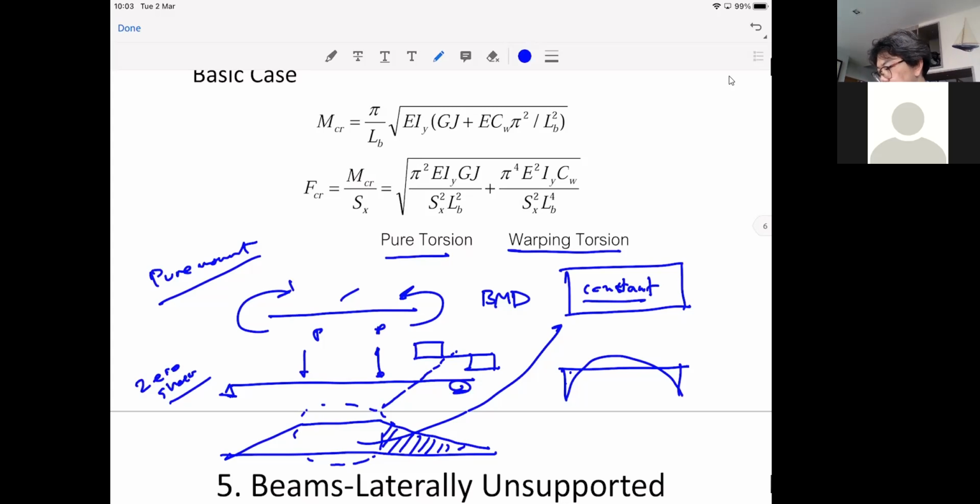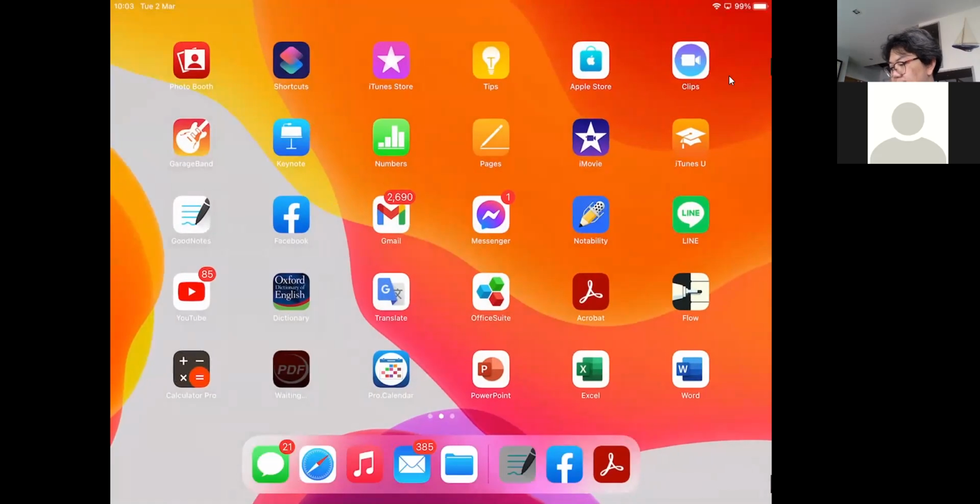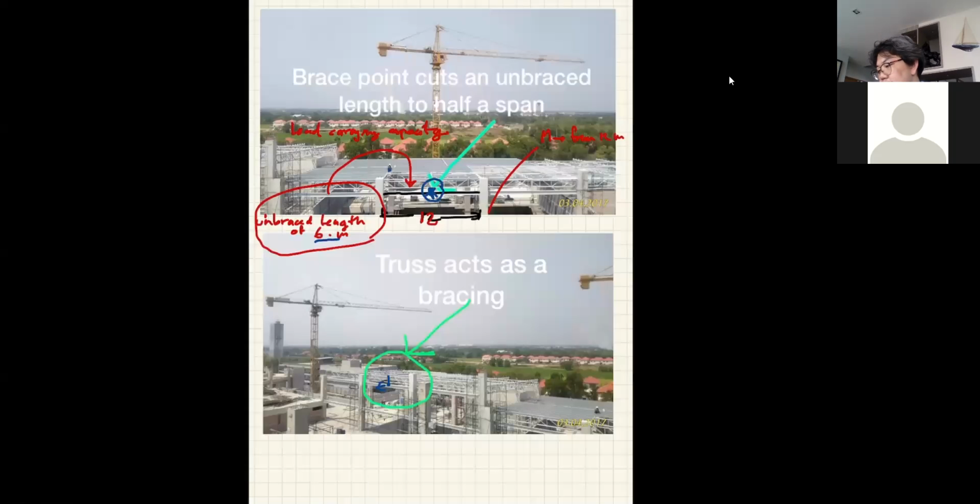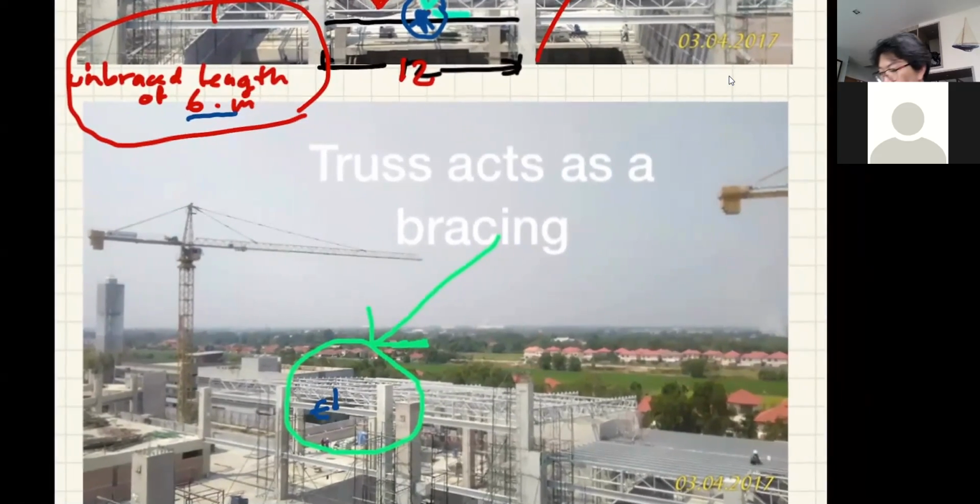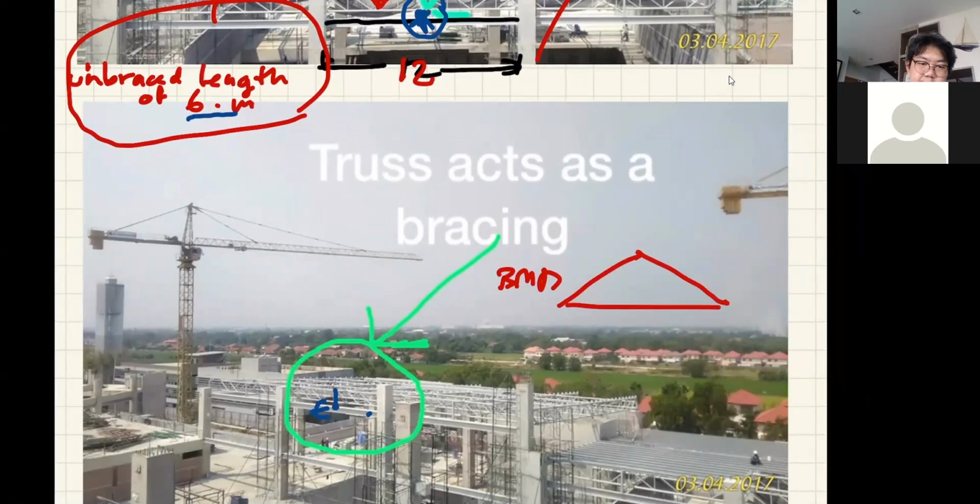Okay, like this case I just showed you, if you look at this beam supporting the truss, correct? Let's say if I don't consider the weight of the beam, my bending moment diagram of this beam will look like that, because I have a point load, okay? And I will consider the effect from the fact that my bending moment diagram is not constant.